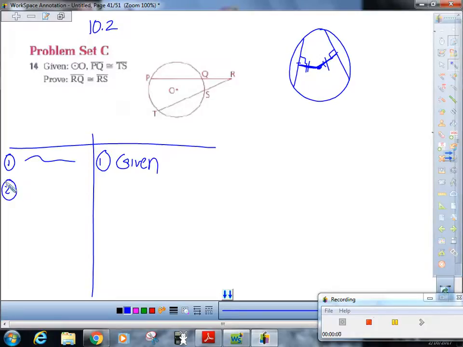Okay, here's the part where I don't love, because you've never done this before, but okay, you'd have to say draw segments OY, comma OX, perpendicular to PQ and TS. Okay?